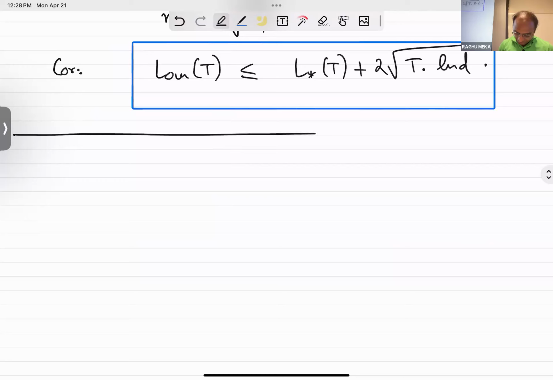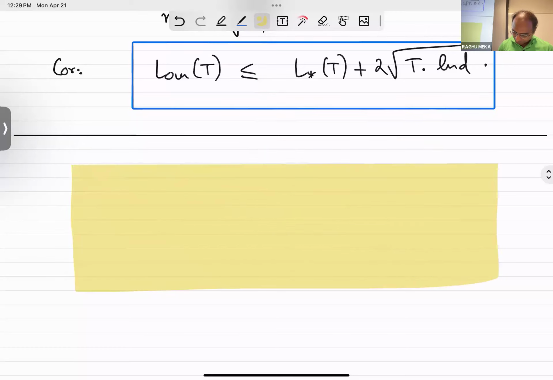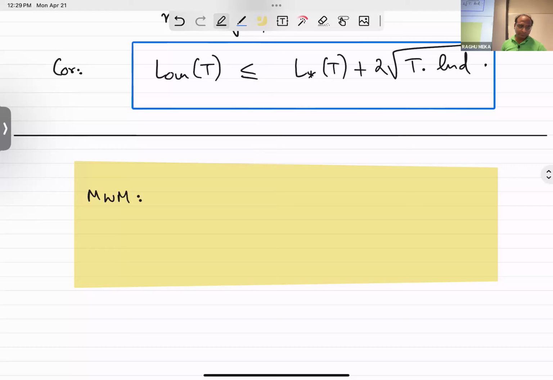All right. So let me say a few things about multiplicative weights before moving on. We talked about multiplicative weights just in the context of regret minimization in the learning with experts framework.